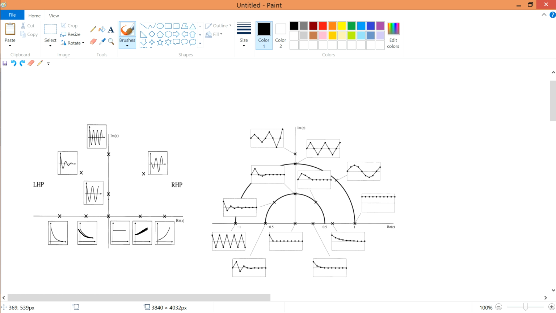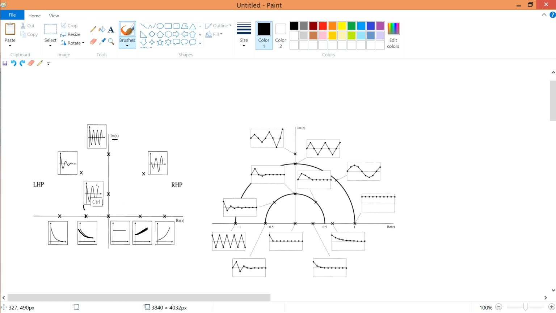As you go further up the imaginary axis, you oscillate more. The frequency is getting higher and higher, meaning your imaginary part is the frequency. As your frequency value gets higher, you become more and more oscillatory.